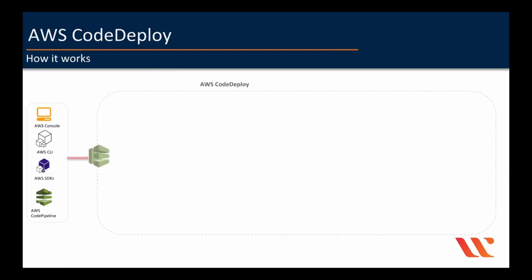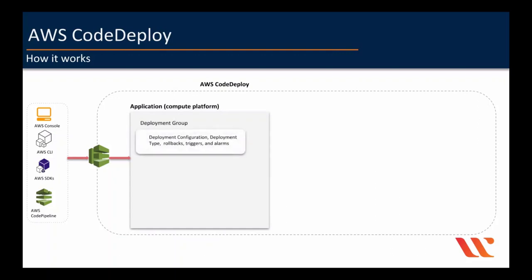So with CodeDeploy, we first need to create an application where we define which compute platform we will be deploying to. And then we create a deployment group within the application.